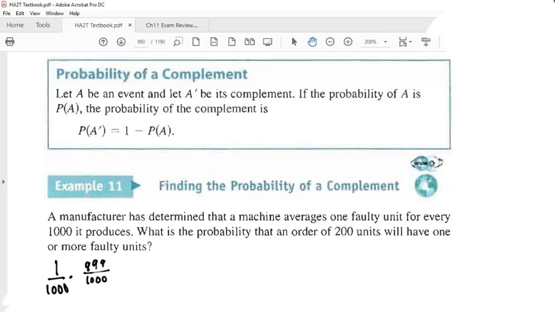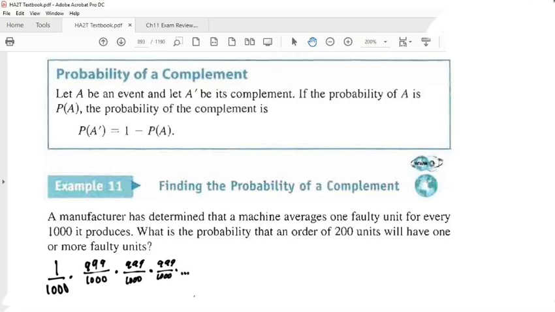Now, that would be the probability of not getting a faulty unit. 999 over 1,000, right? Because that's how many I would want, like you do want over total possible. That's 2. This would be 3. And this would be 4. How many times do I have to do this? 200 times. Now that stinks.